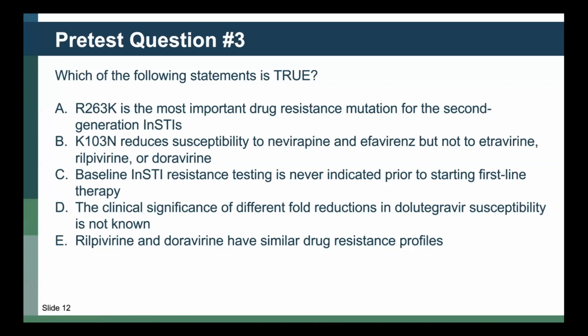K103N reduces susceptibility to nevirapine and efavirenz, but not etravirine, rilpivirine, or doravirine. Baseline integrase resistance testing is never indicated before starting first-line therapy. The clinical significance of different fold mutations is not known. And rilpivirine and doravirine have similar drug resistance profiles. One of these is true.